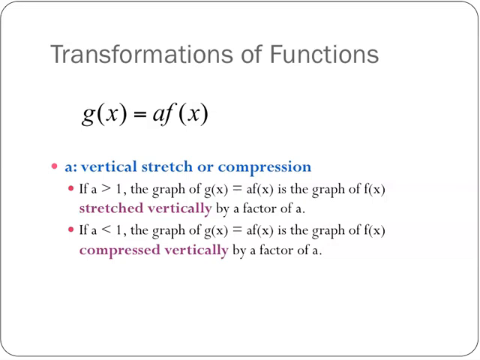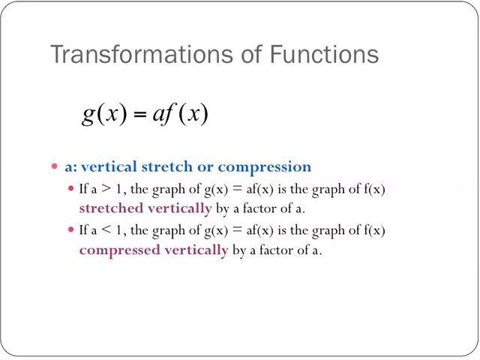So if A is 1/2, then the graph is going to be compressed or shrunk vertically by a factor of 1/2. Now for each of these, I'm also going to give you a very concrete rule: if you have a certain point on the parent function, where does that point end up in the transformed function?